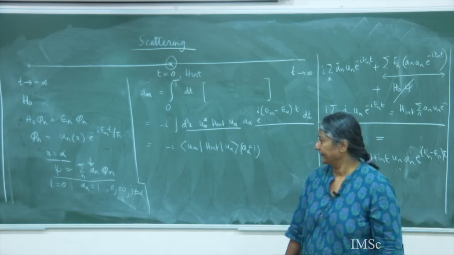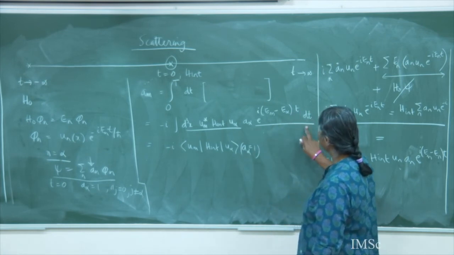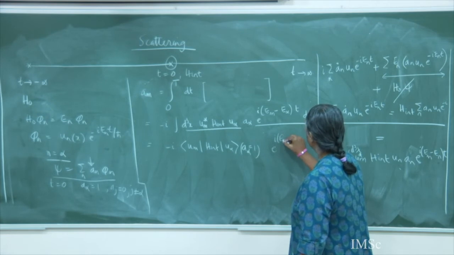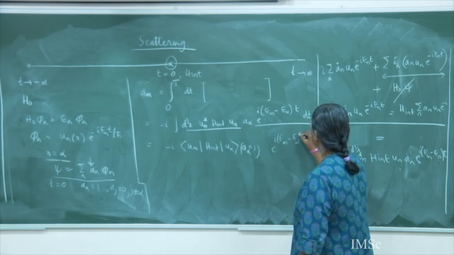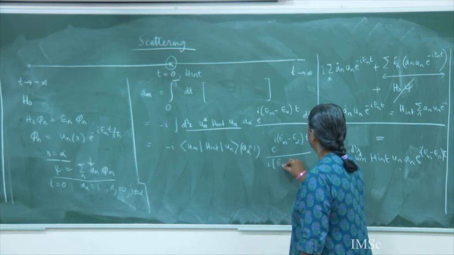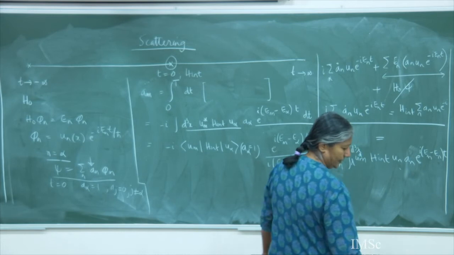So this is what I have, and you can see that this is the only integration that I have. So this integration will be e to the i (E_m minus E_alpha) t by i (E_m minus E_alpha) from 0 to T, right?